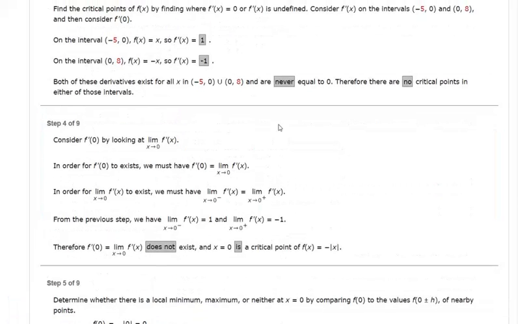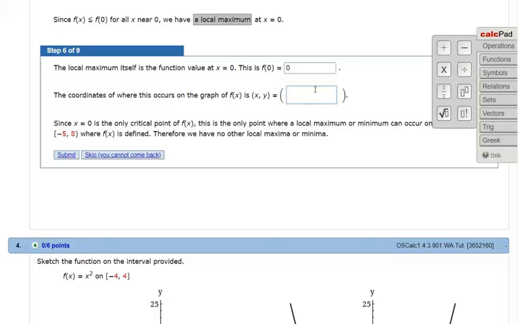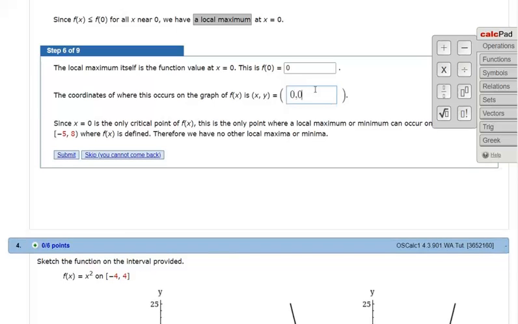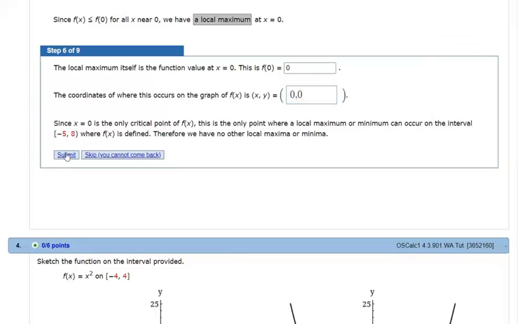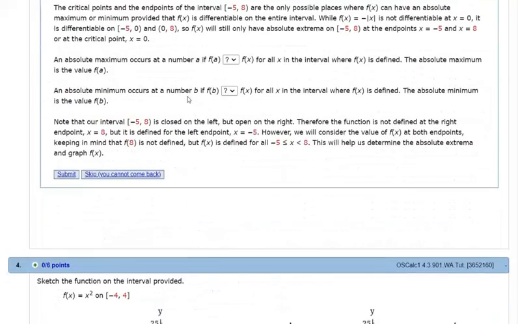So if you plug in 0 into that function, you get out 0. Negative absolute value of 0 is 0. The coordinates where this occurs at 0, 0. I get parentheses. So 0, 0. They just take forever, don't they? Lots of clicking.